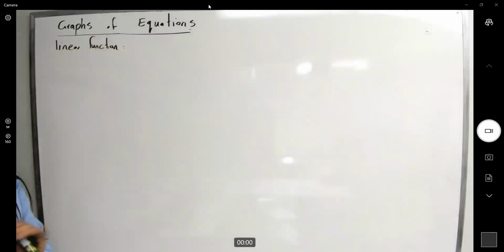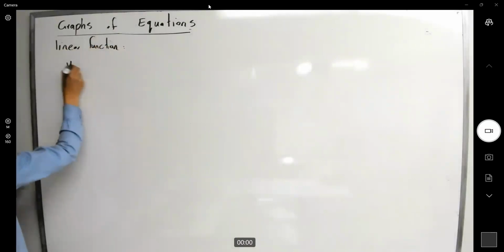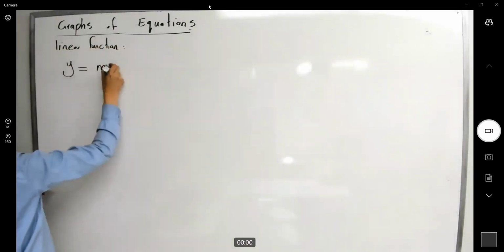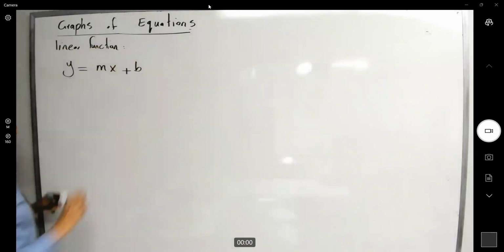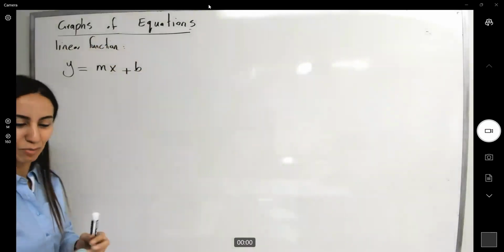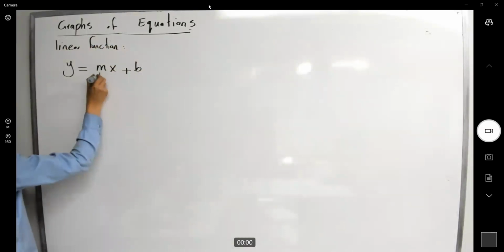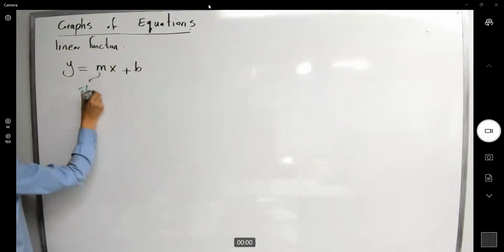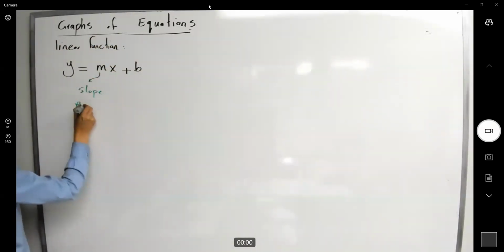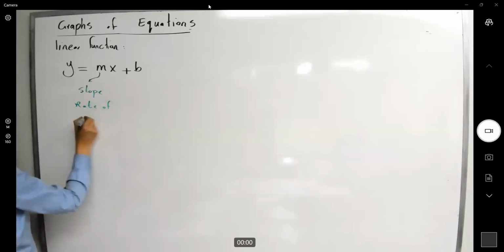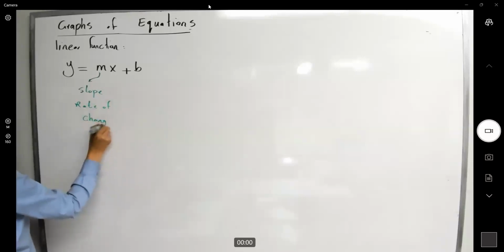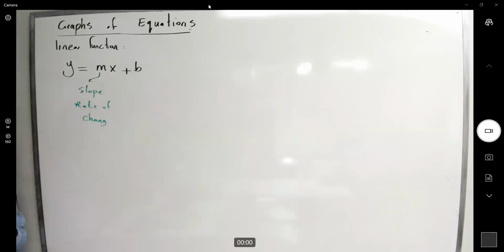A linear function is defined as y equals mx plus b. M is called the slope of the line, or rate of change, and b is called the y-intercept.